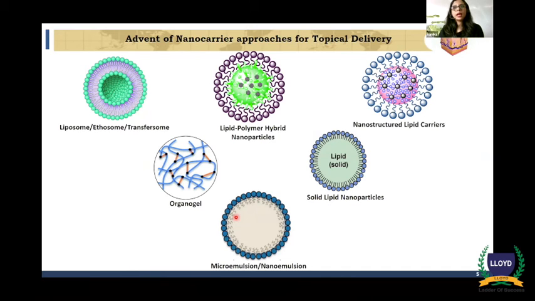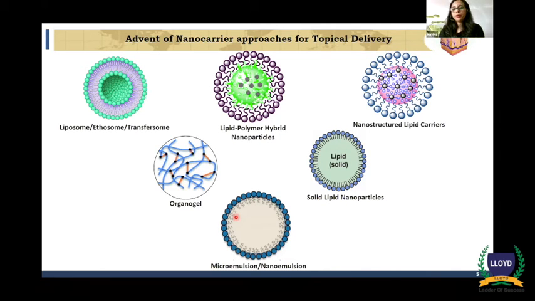So I would say though nanotechnology has been quite a hype in recent years, and has been used in varied areas of drug delivery, topical delivery is definitely one area in which this nanotechnological approach has really made its impact.